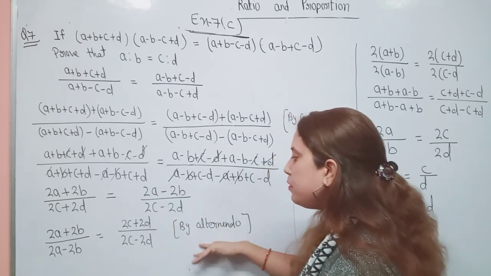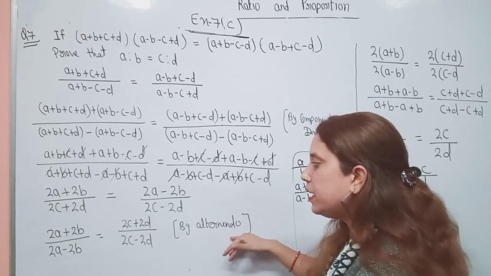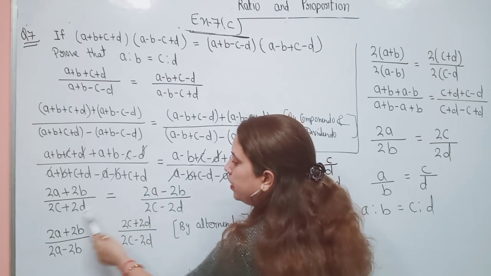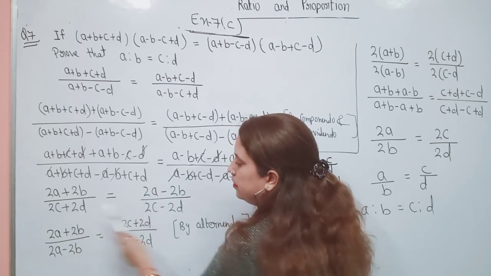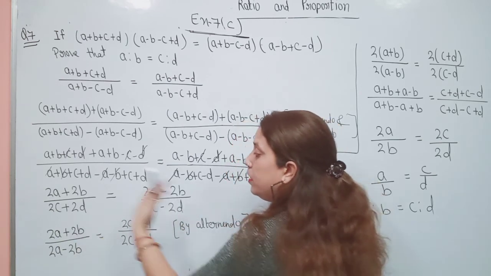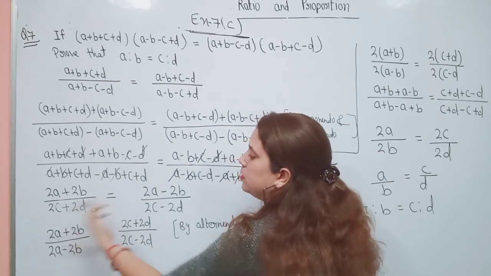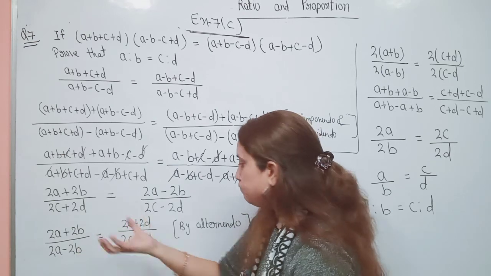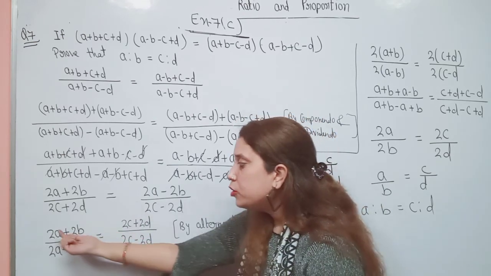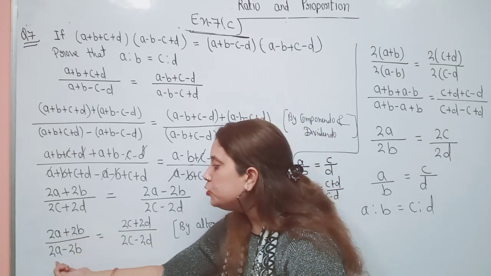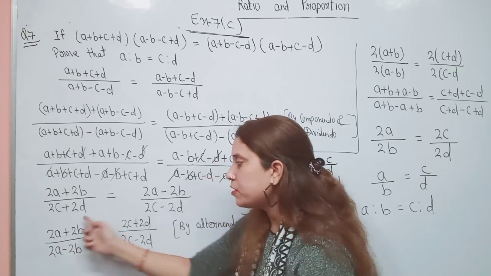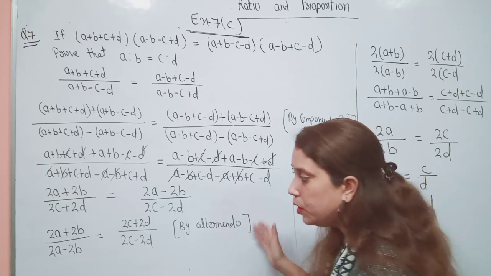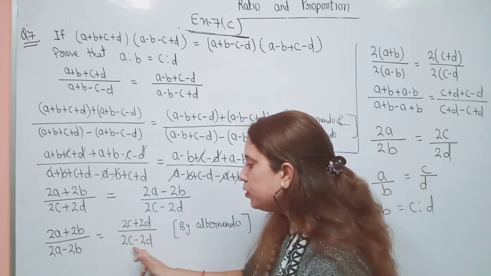After that again we will apply alternando, we can say cross multiplication: the same variables we will take together, left hand side, other variables right hand side. So 2a plus 2b upon 2a minus 2b, by alternando, is 2c plus 2d upon 2c minus 2d.